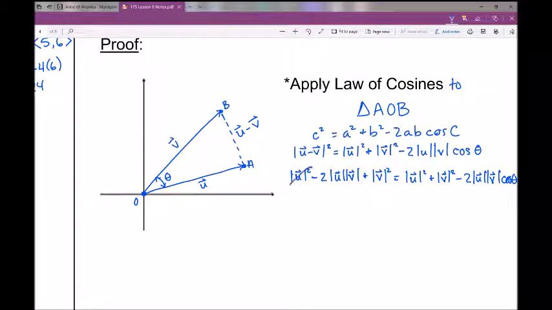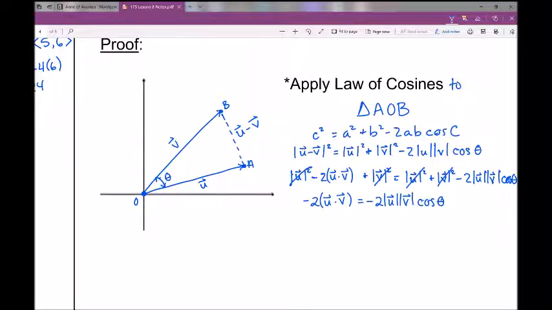The magnitude of u squared is going to cancel on both sides, as will the magnitude of v squared. So what we're left with is negative 2. I apologize, this isn't the magnitude of u times the magnitude of v. This is u dot v. So we have negative 2 times u dot v equals negative 2 times the magnitude of u times the magnitude of v times cosine of theta.